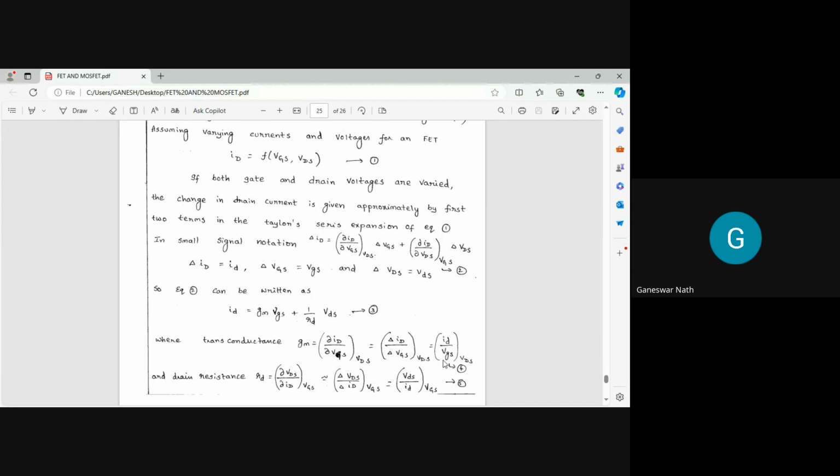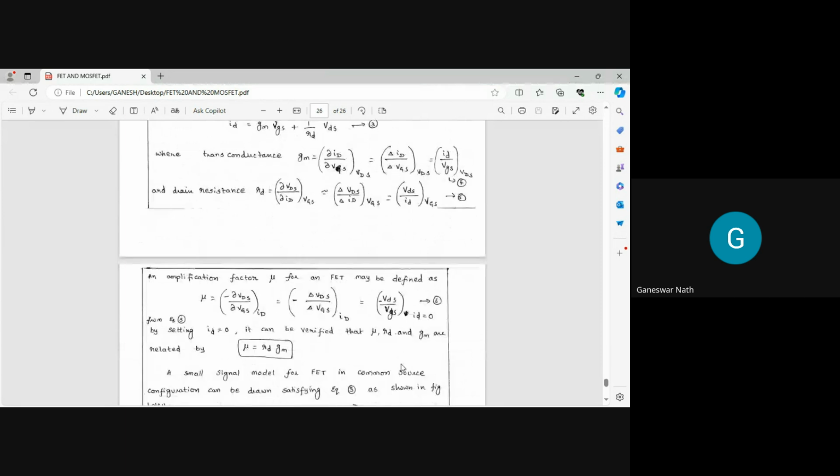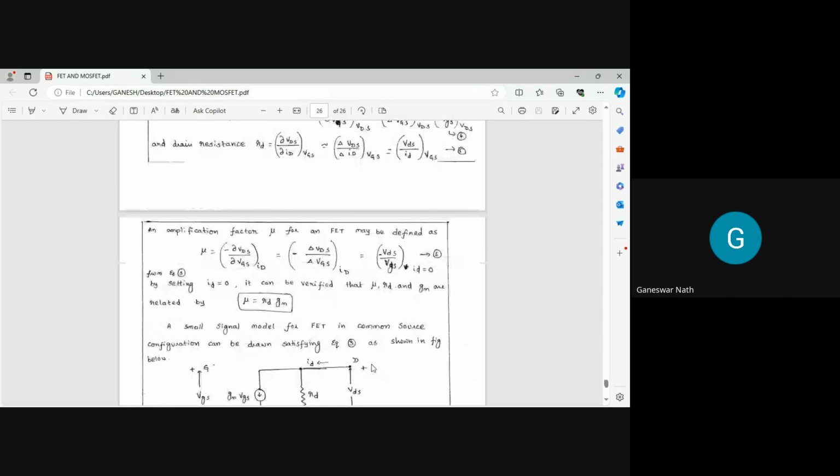Similarly, the drain resistance rd is also given as like this, and the amplification factor is also given as mu equals rd times gm.